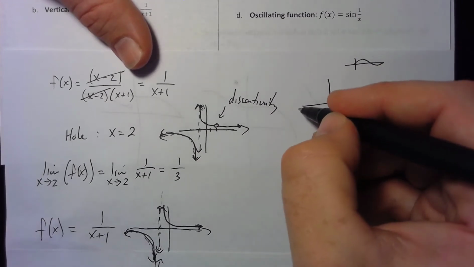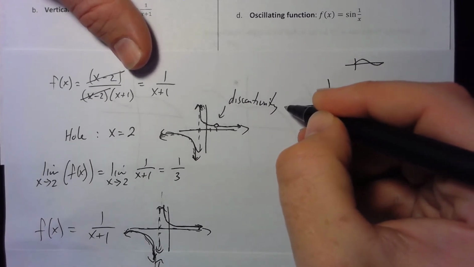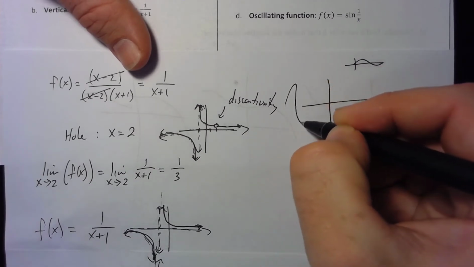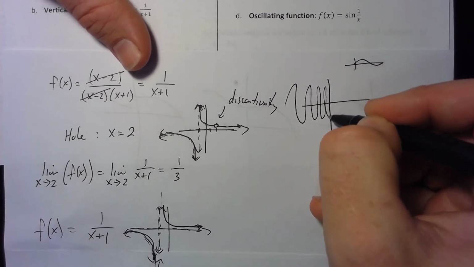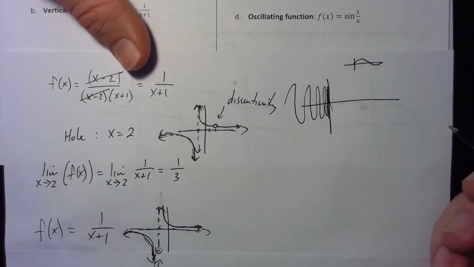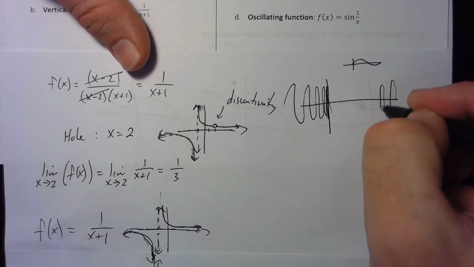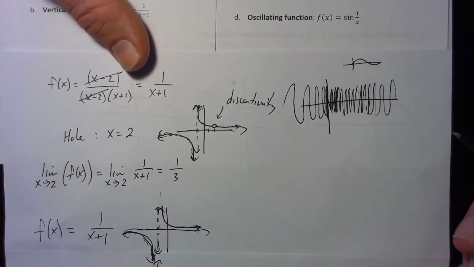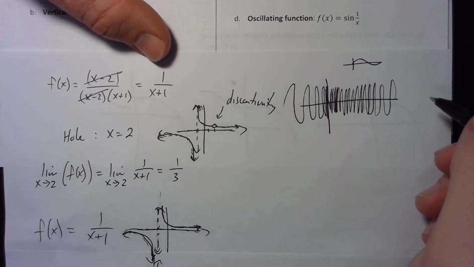By not being able to plug in 0, what's happening with this oscillating function is it looks something like the sine function when it starts out, but as you get closer and closer, it's still going to go up and down to 1, but it's going to bounce back and forth viciously fast as it gets closer and closer to 0. It's hard to determine exactly what the function is doing.